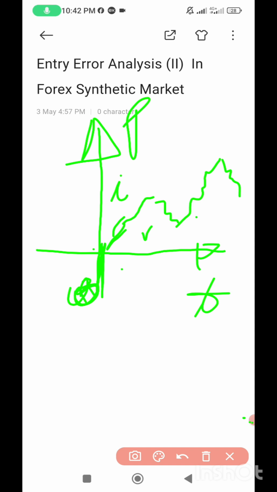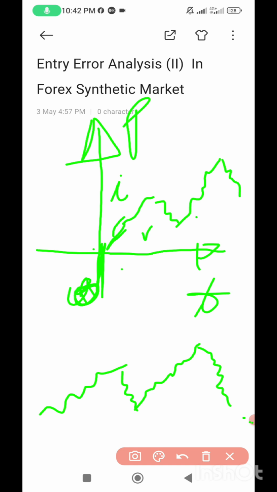Okay, so the actual representation of this will be that we have a wave that gradually went up, a wave that gradually goes down, a wave that goes up again, and a wave that gradually comes down. So a wave is made up of two components: retracement and impulse vector.